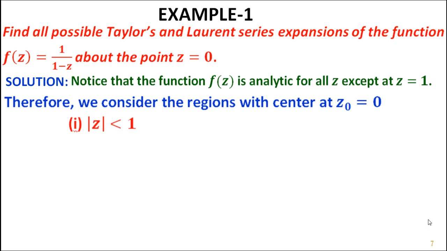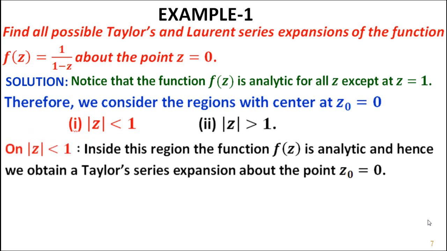First one is |z| < 1, and another one is |z| > 1. Now see, on the region |z| < 1, inside this region, the function f(z) is analytic, and hence we can obtain the Taylor expansion about the point z0 = 0.